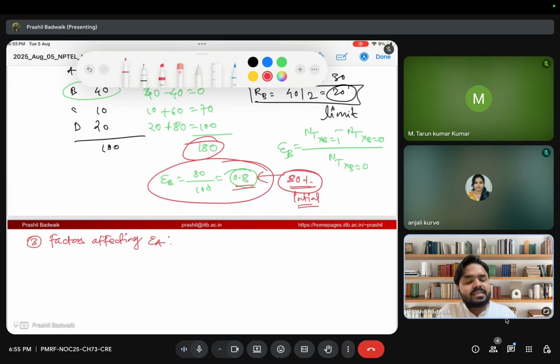First you can see is the stoichiometry. First factor is the stoichiometry that is affecting.